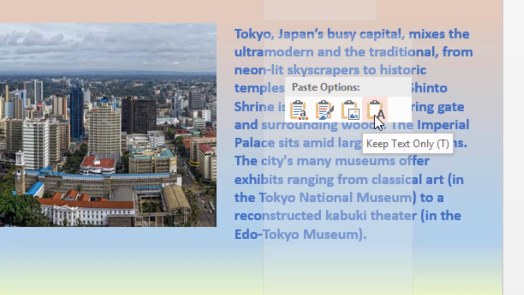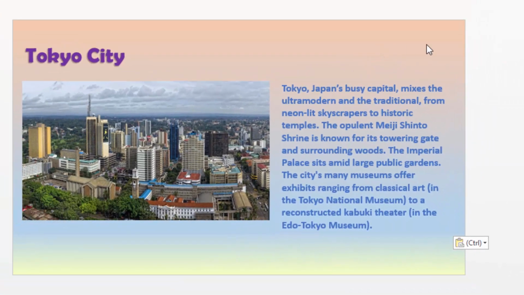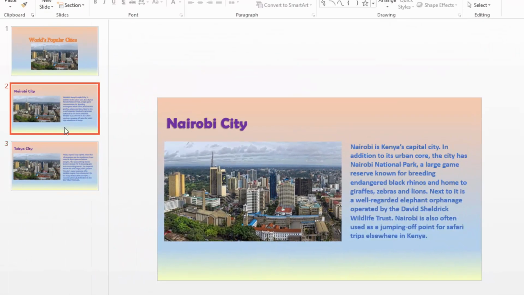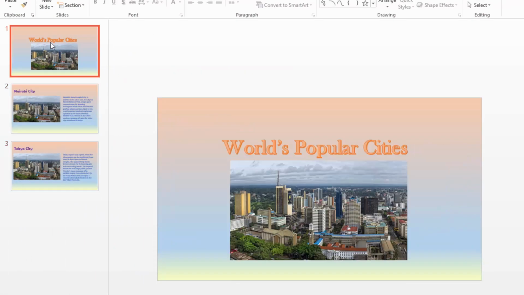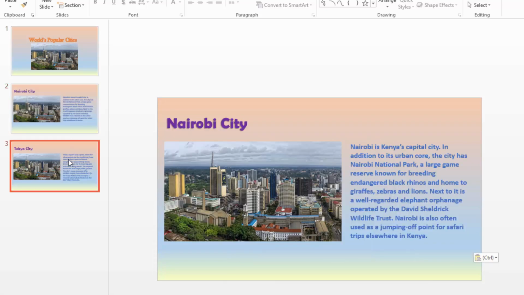It will not carry the style from MS Word. It is only maintaining my blue text. You can see my blue text is maintained. So here you can see I've done everything, and I now have 3 slides of the same design.